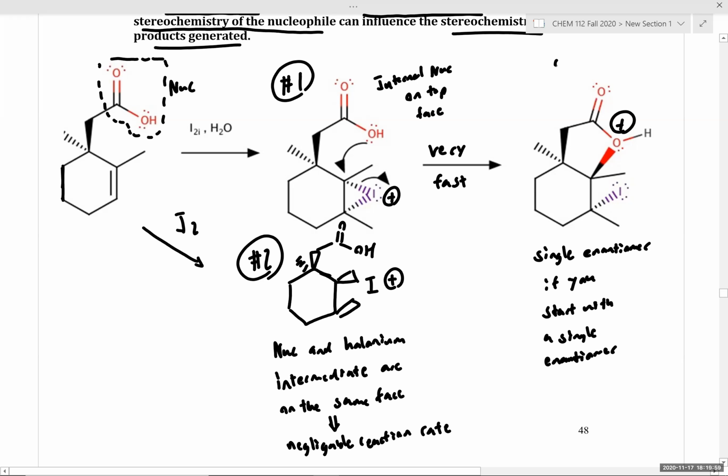We call these kinds of reactions stereospecific, in that the stereoselectivity depends on your starting material. So this is how you can sidestep this issue where the halonium intermediate can form on either face.